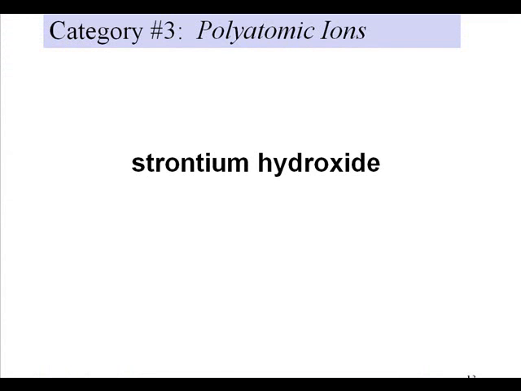Let's take strontium hydroxide. Strontium, which is in the second column, Sr, is a +2. So it's going to bind with a combination of OH. Now, OH is hydroxide. The oxygen and the hydrogen are not held together by ionic charges.